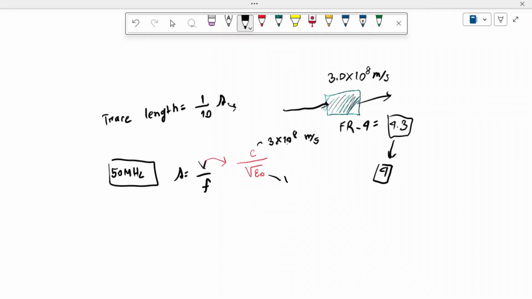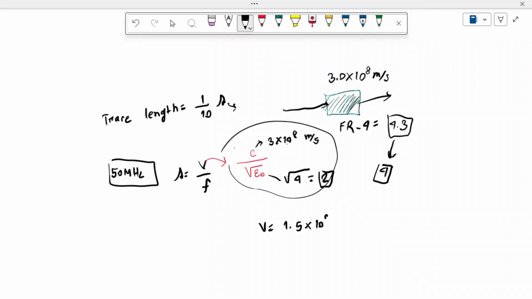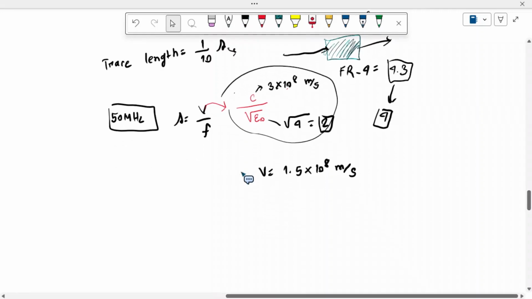And you have your dielectric of 4, so the root is going to be 2. So now if you calculate the whole equation for your V, you're gonna get a V of like 1.5 into 10 to the power 8 meter per second. Now that's very different, isn't it? It's not 3 anymore, it's now 1.5.